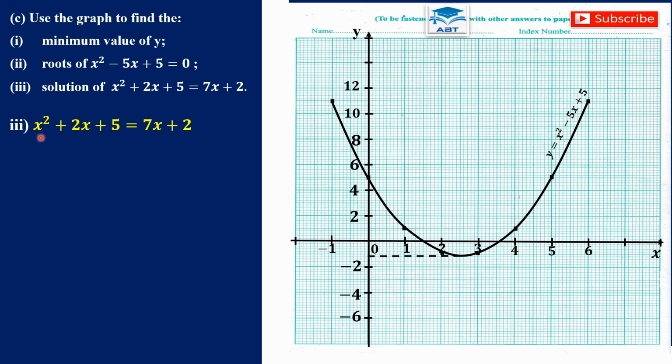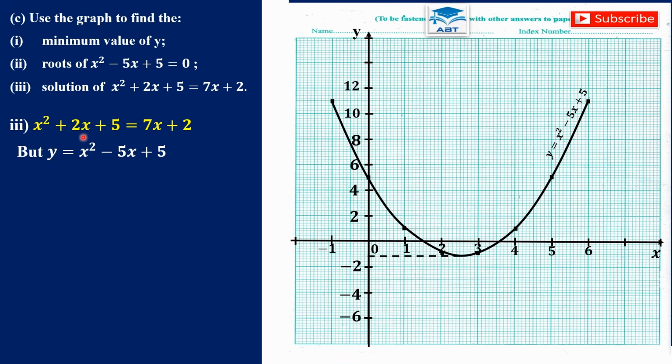We have our x squared here, we have our 5 here. It's just that the middle minus 5x that we want. But we know that our y is equal to x squared minus 5x plus 5. We have the x squared here, we have plus 5 here. So if we get the minus 5x at the middle, we can replace it with y.